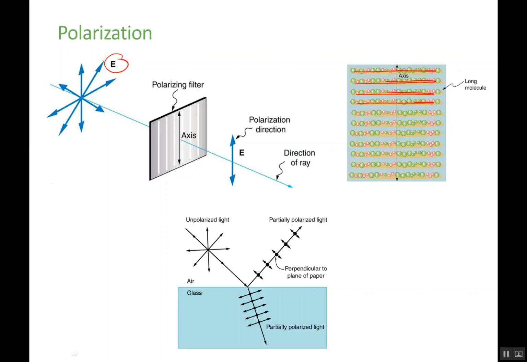And what happens is if the electric field comes into this material and the oscillations in the electric field are along the same axis as the molecules, then the energy of the electric field gets absorbed and dissipated by these molecules. The electric field causes electrons to oscillate in these molecules, and that absorbs the energy of the wave, and the energy gets dissipated along that axis.